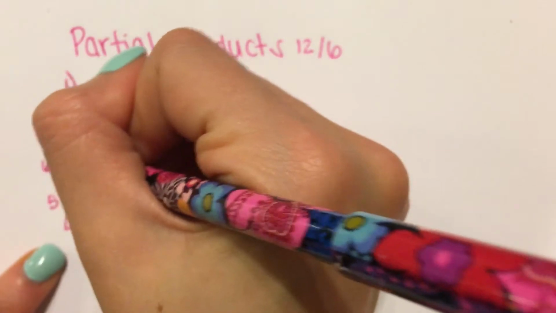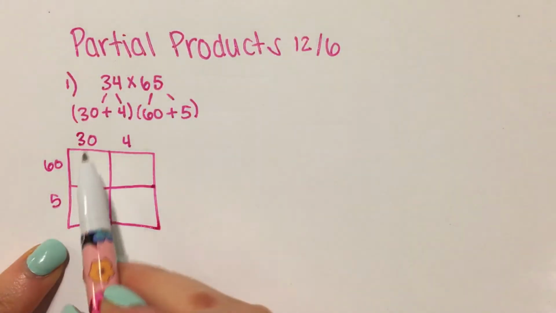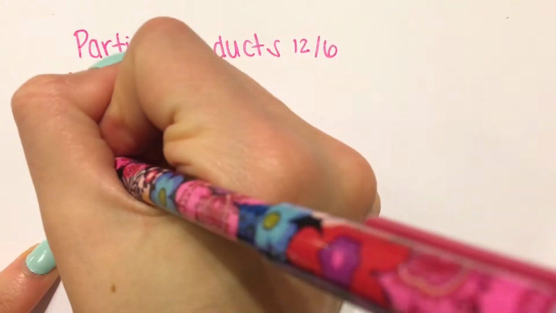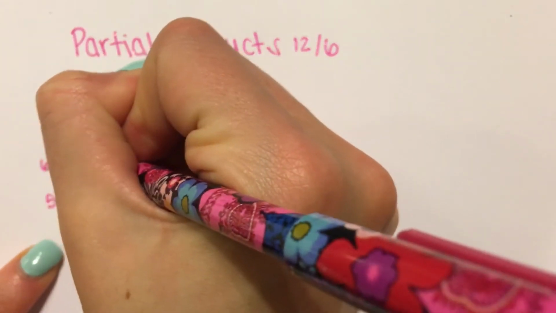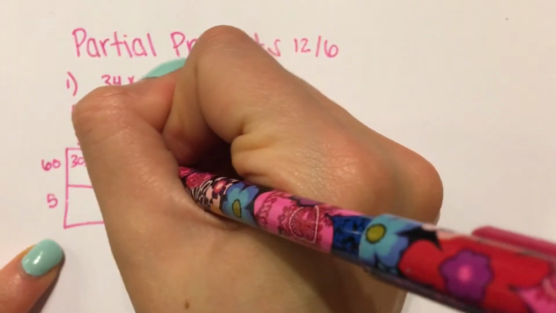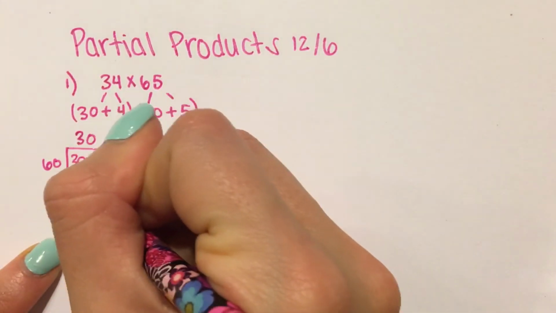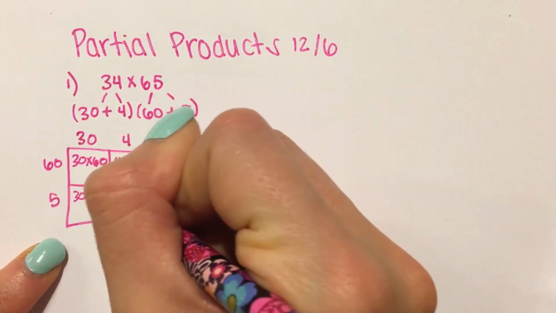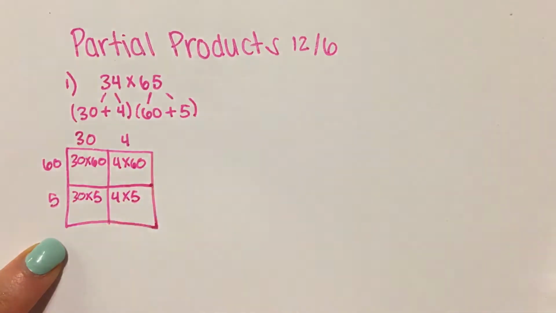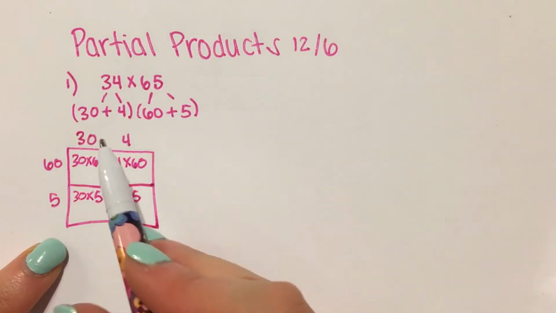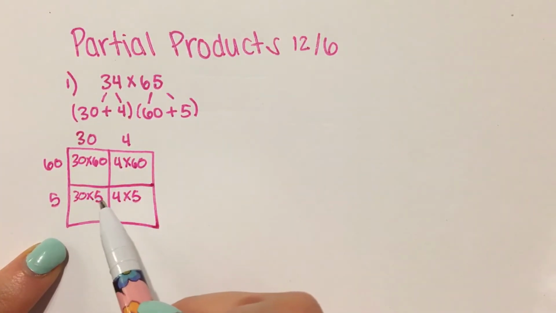And to solve my first square, I did 30 times 60. Here I did 4 times 60. Here I did 30 times 5. And over here I did 4 times 5. These were the problems that I did to get what went inside of each square.